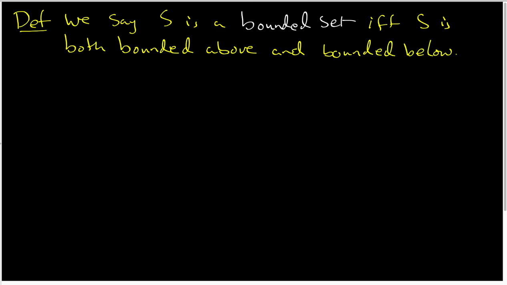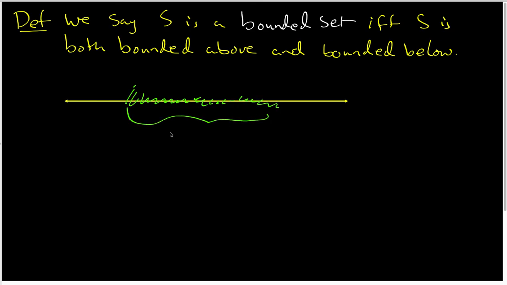So I want to think about what that really means. Here's my number line, and let's sketch in some stuff that is supposed to represent my set S. So this is supposed to be S, a bounded set. And what that means is I have to have some upper bound and some lower bound.